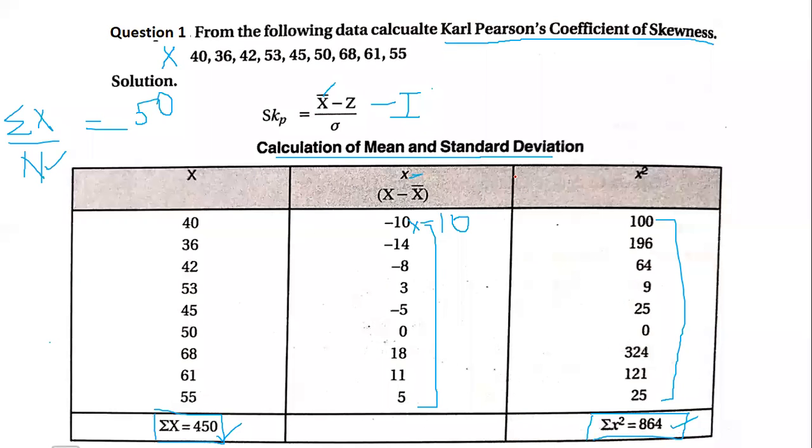In this particular series, even though the numbers are not repeated, for an individual series we usually check which is the repeated number. If you see, all the numbers are different, right? So 40 is not repeated, 36 is not repeated, 50 is not repeated. In such a scenario, we cannot calculate the mode.